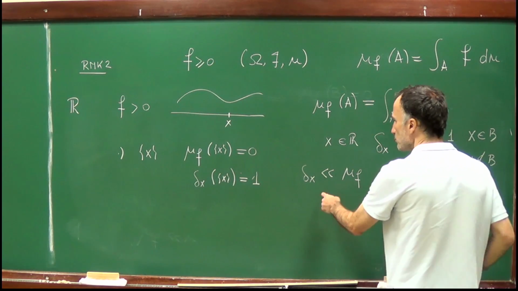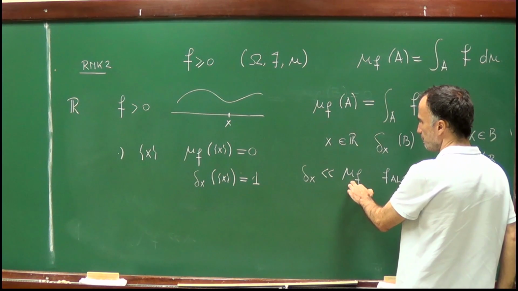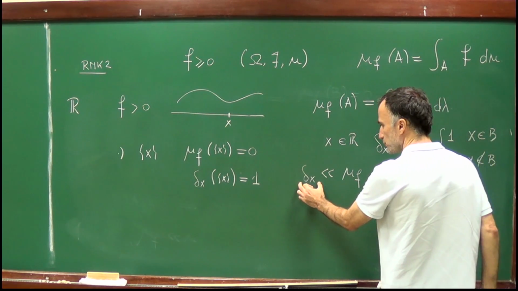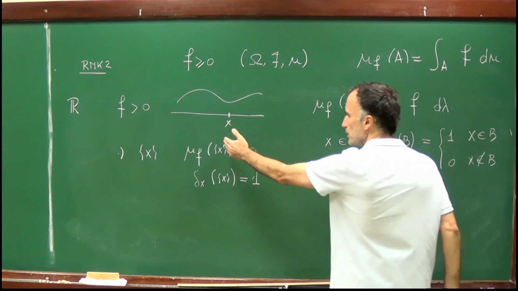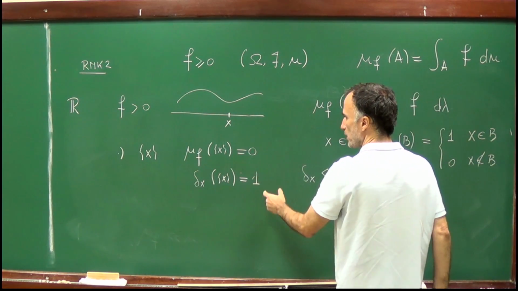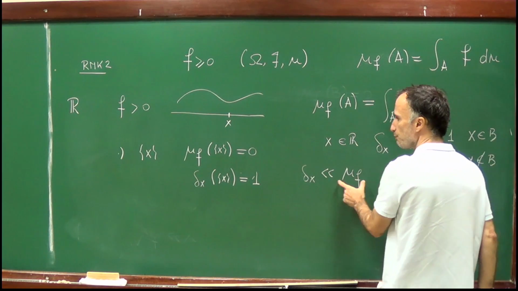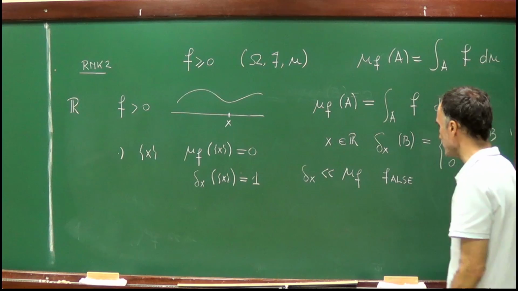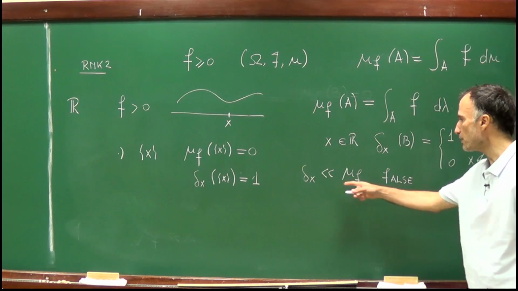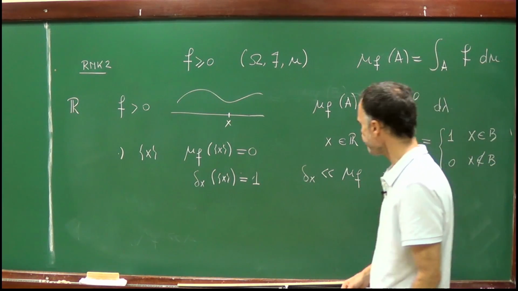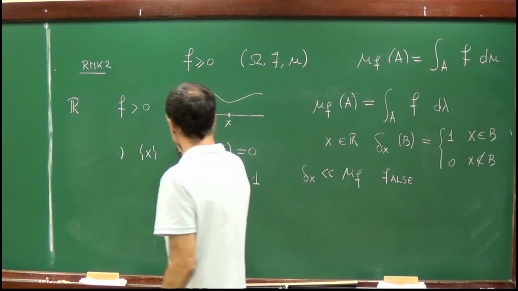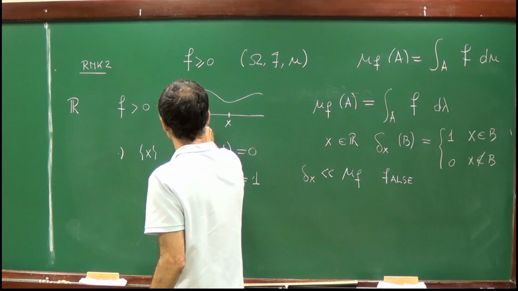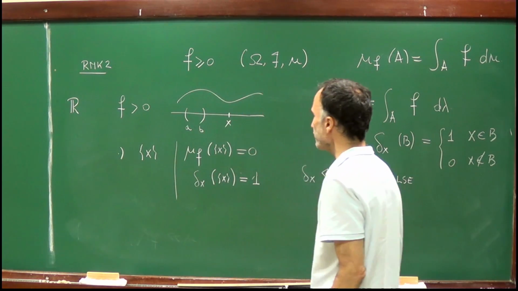Because if it were true, this would mean that whenever a set has measure 0 with respect to this measure, it will have measure 0 with respect to that one. But here is an example of a set which has measure 0 with respect to that measure, but which does not have measure 0 with respect to this measure. So it's false that delta x is absolutely continuous with respect to mu f. Now let's take a set, say an interval AB, which does not contain the point x.